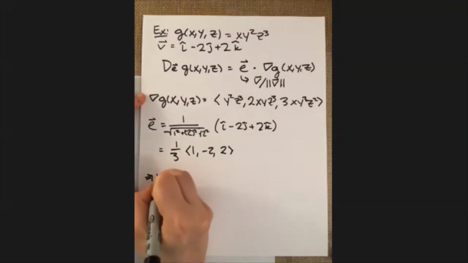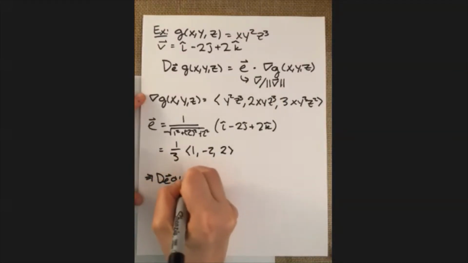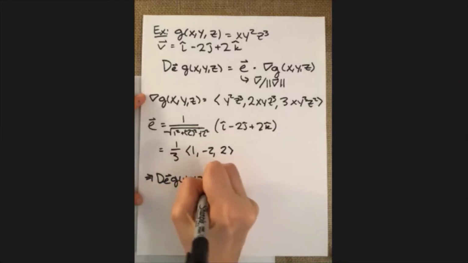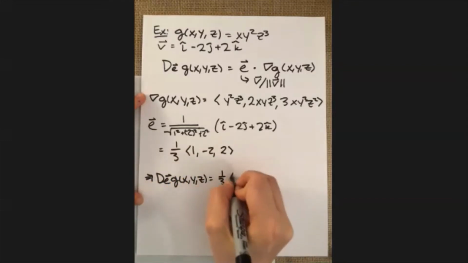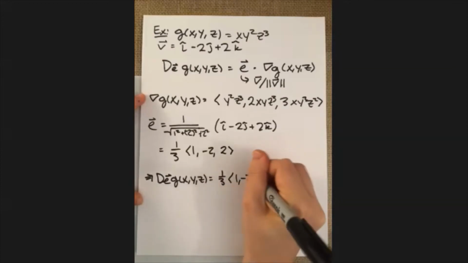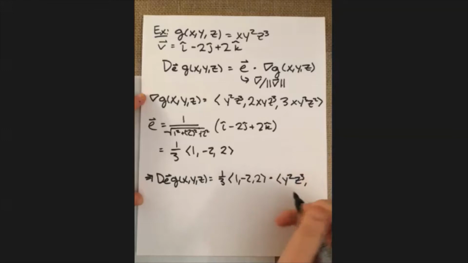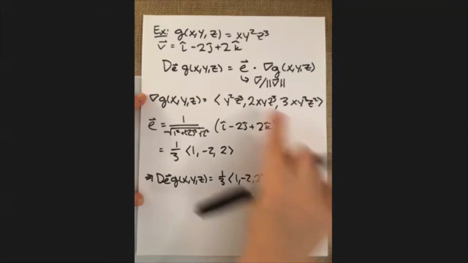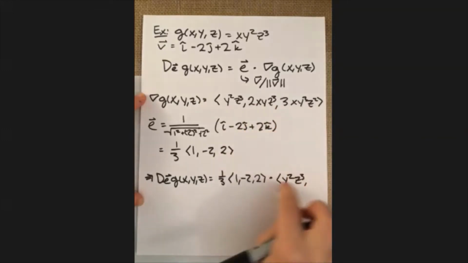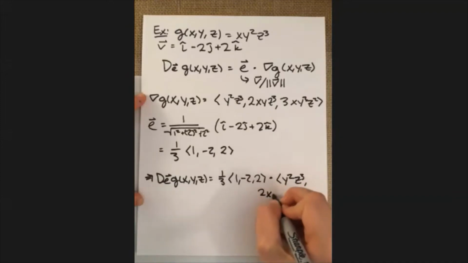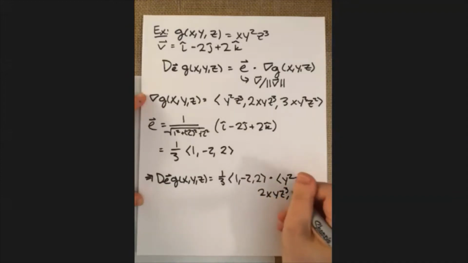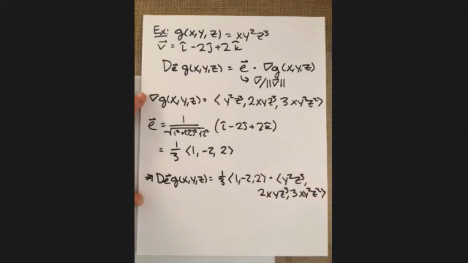Putting it all together, our directional derivative for g at (x, y, z) is equal to 1/3 <1, -2, 2> dotted with the gradient, which is y squared z cubed for our first component, and then I'll just continue on to the next line with our next two components, but they're all in the same vector: 2xy z cubed, and then 3xy squared z squared, just like so.